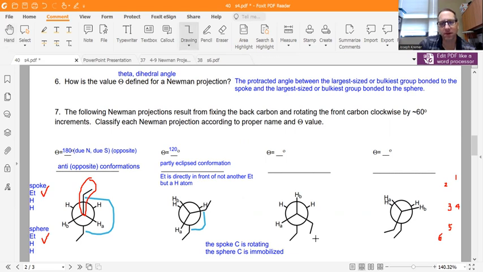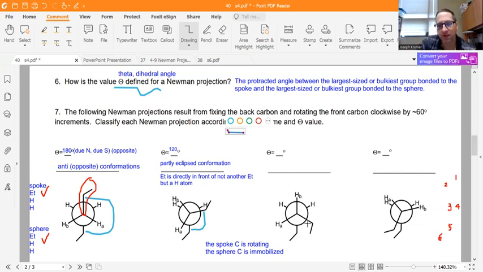So let's try this drawing thing again. So once again, we're scoping this dihedral angle. Okay, we're looking at that dihedral angle. The angle between the largest group on the spoke and the largest group on the sphere, which is ethyl in both cases. So once again, we're seeing that the spoke has been rotated clockwise and the sphere remains immobilized.